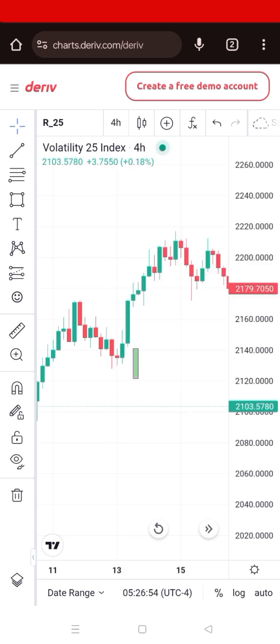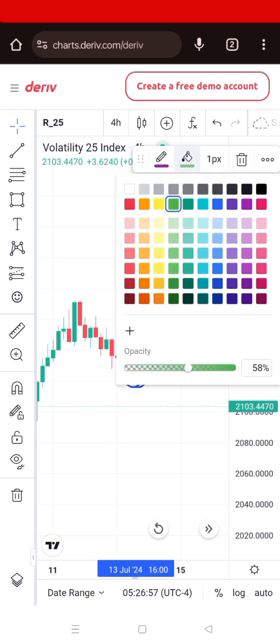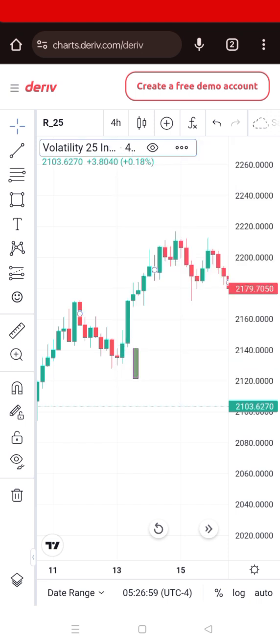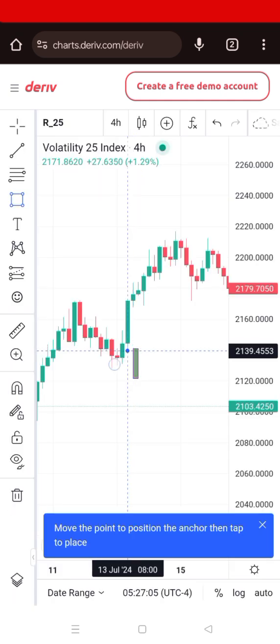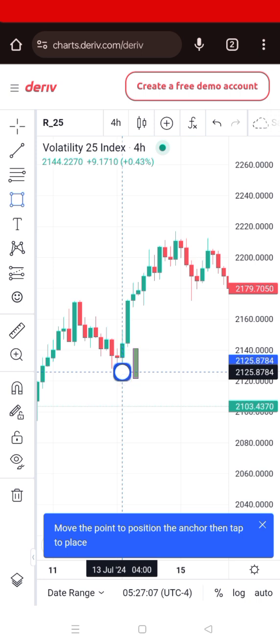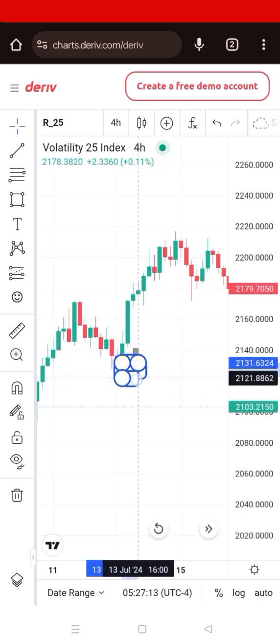Whenever you see a very long candlestick which has enclosed a bearish candlestick, that shows a direct significance that the buying pressure has already entered that market.